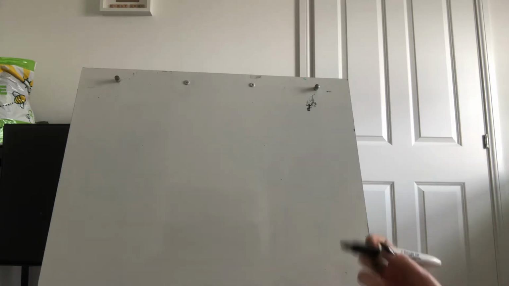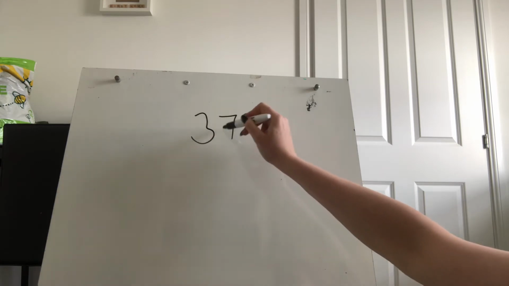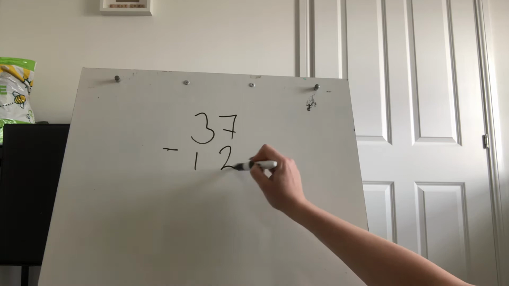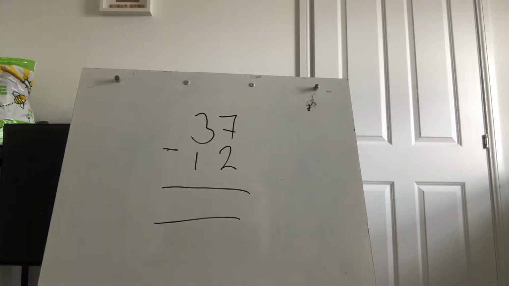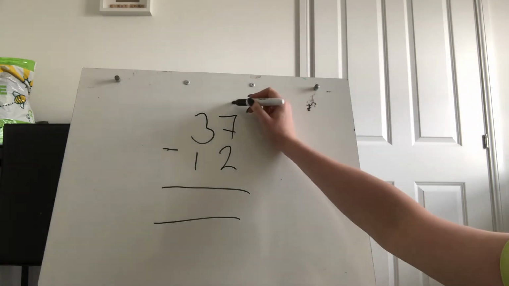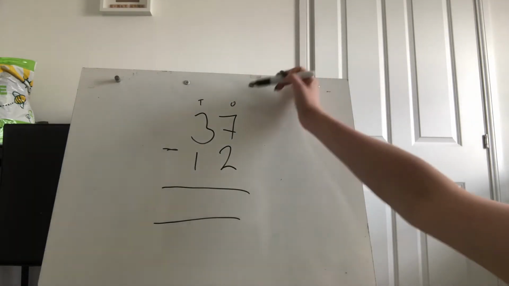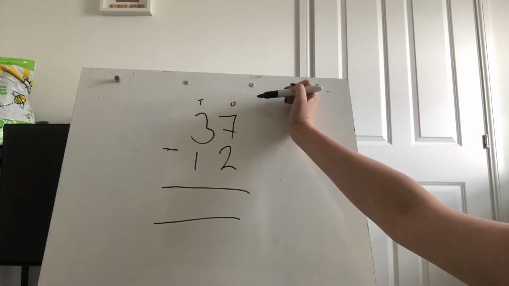Let's start with an easier one. So if we had 37 and I take away 12. Let's have a look at some of our success criteria. So I've got ones under ones, tens under tens. If you want to, you can write an O and a T there to remind you.